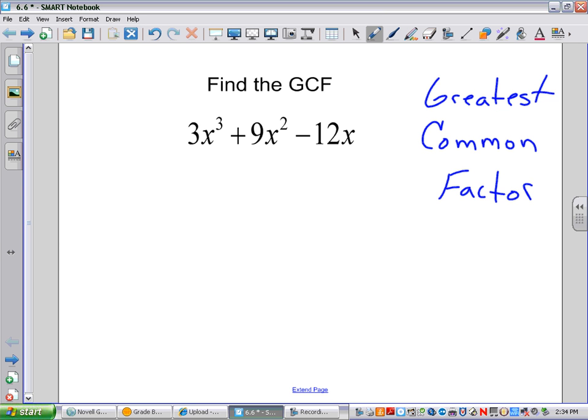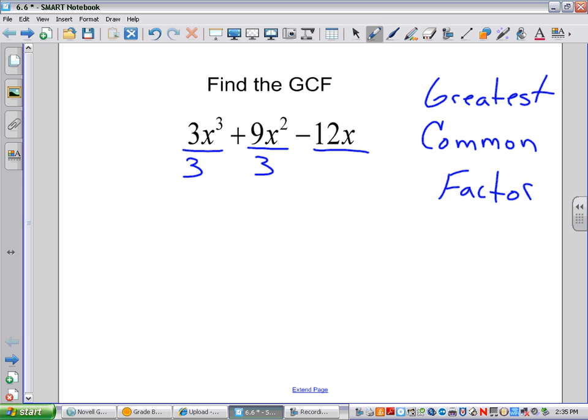What is the GCF of 3x cubed plus 9x squared minus 12x? Here's how you do it. You ask yourself this: what's the biggest term that I can divide into all three of them? What's the biggest term that divides into a 3, a 9, and a 12? That'd be a 3.